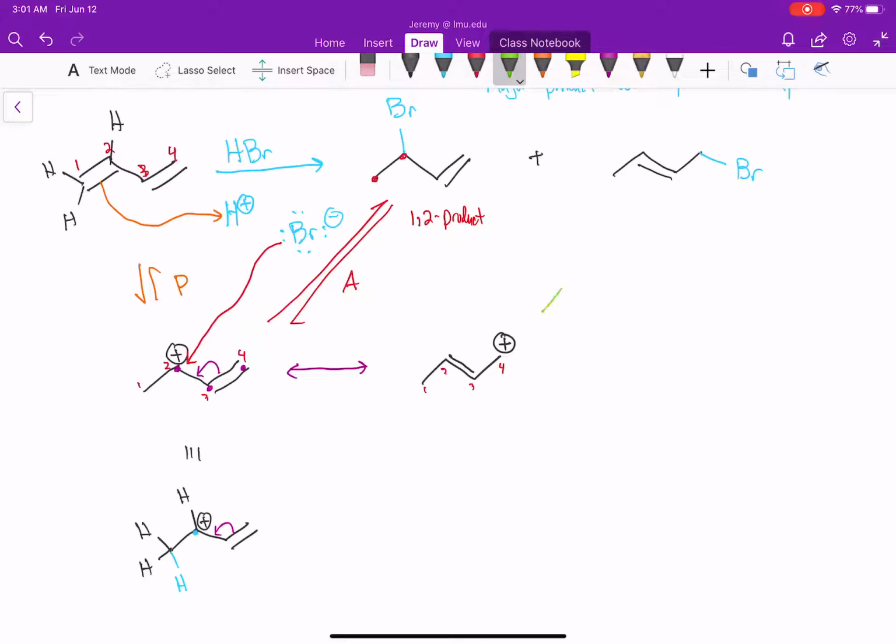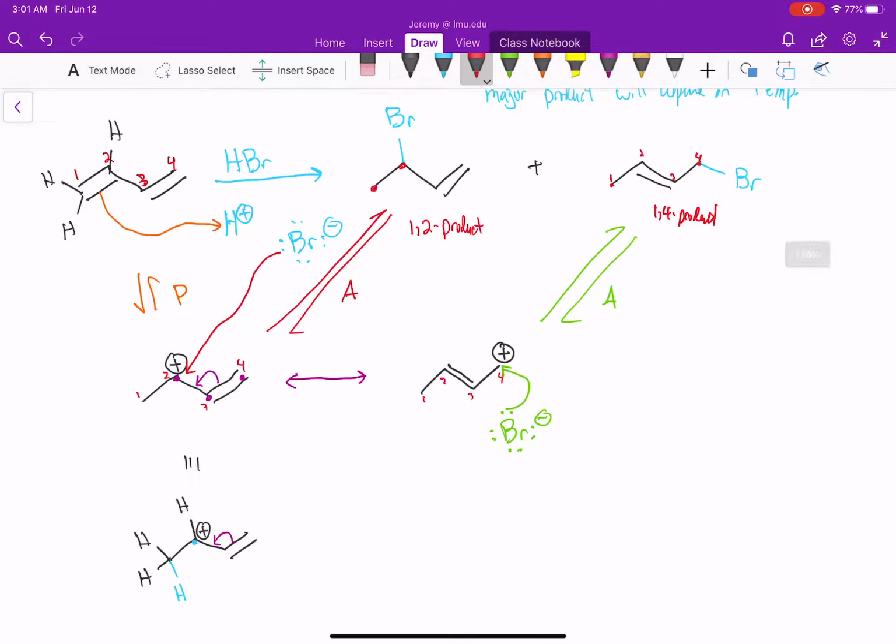Or in green, if our bromine attacks carbon 4 in the other resonance structure, 1, 2, 3, 4, we can call this the 1,4 product because we've added our hydrogen to carbon 1 and our bromine to carbon 4.